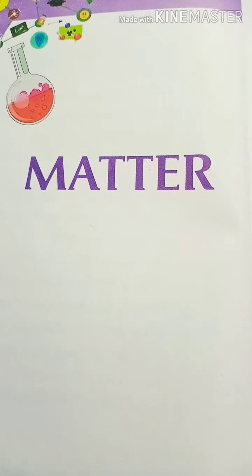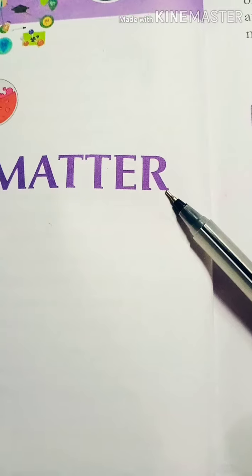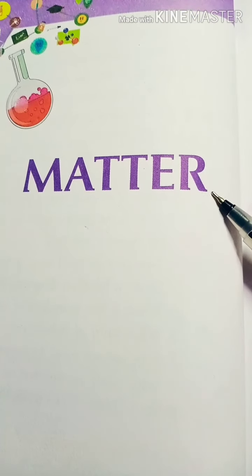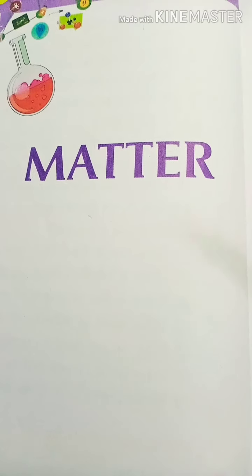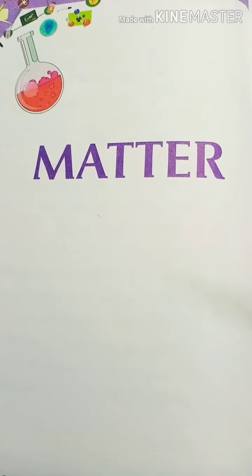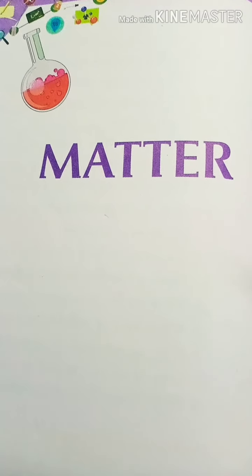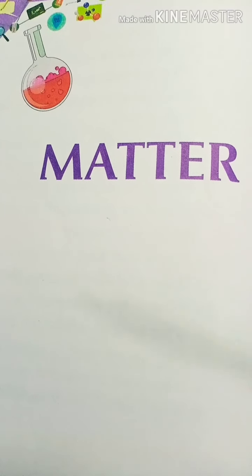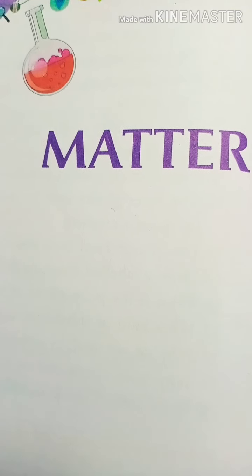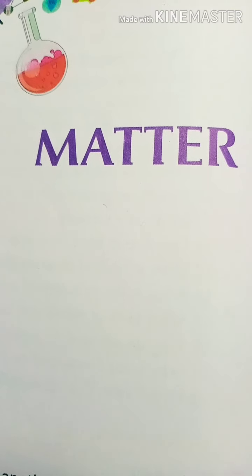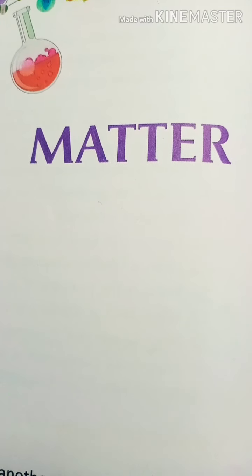Students, let's read today our third lesson, matter. What is matter? In this chapter, we read what matter is and how it is classified, what the properties of matter are, which things are categorized as matter and which are not, and why they are not.